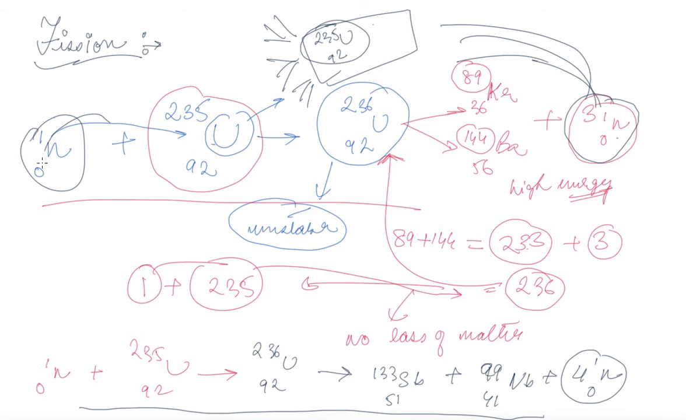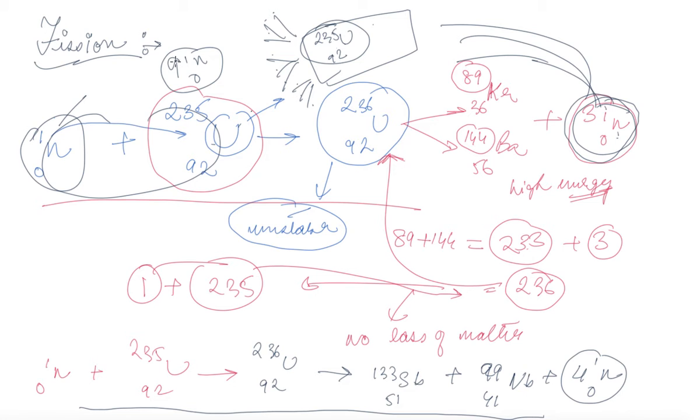After 1, I have 3 neutrons, and these 3 neutrons will in turn strike another uranium. After 2 strikings, initially it was 1 neutron, now I have 1, 2, 3, 4, 5, 6, 7, 8, 9, 9 extra neutrons with the release of a high amount of energy.